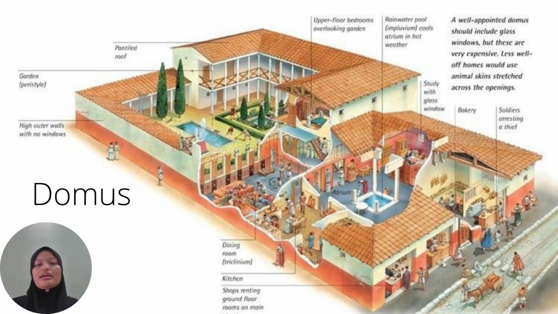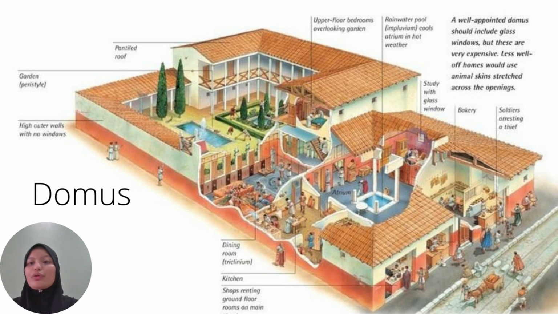The other residence during ancient Roman times is the domus. We can see here in this picture high outer walls with no windows, the garden also there, and pitched roofs. There are upper floor bedrooms overlooking the garden.